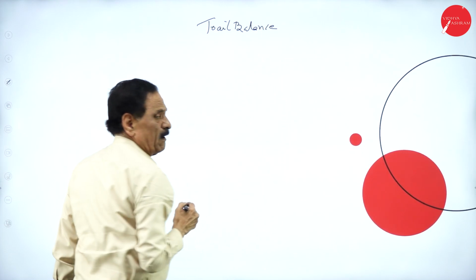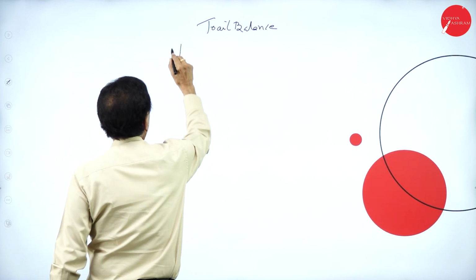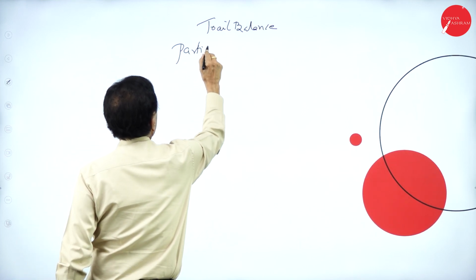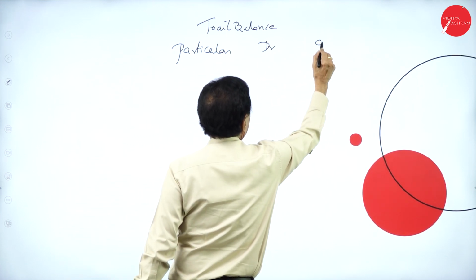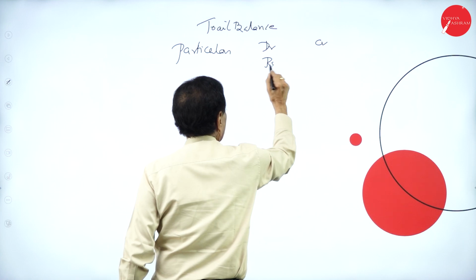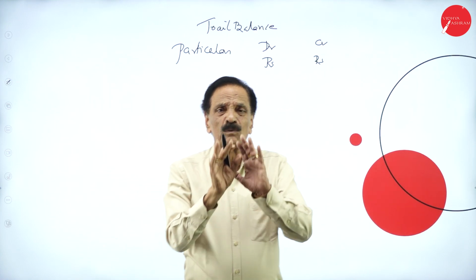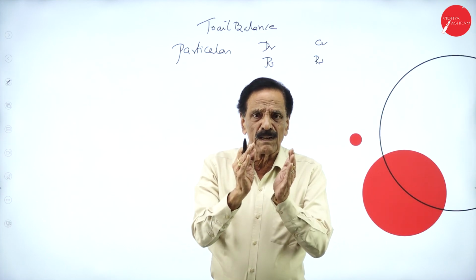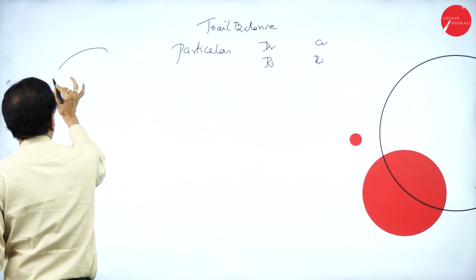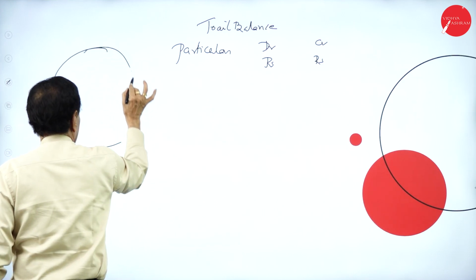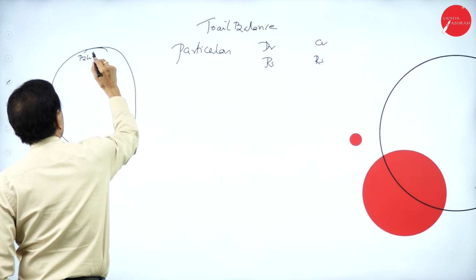In order to prepare final account, first we will give the trial balance. Trial balance has particulars, debit, credit, followed by rupees. Here, in our transaction, there is a term called business cycle. First, we have a business transaction.